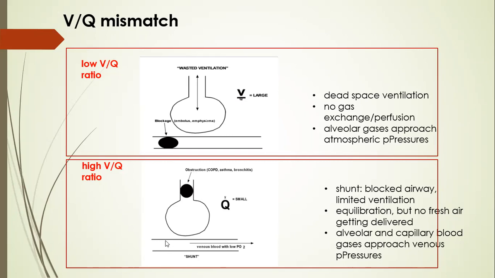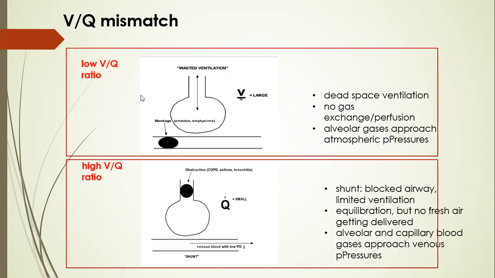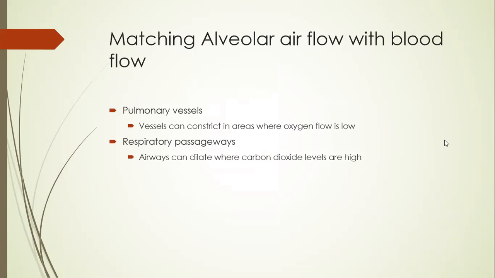So it can vasodilate where we have a blockage, or it can constrict where we have an obstruction. So this is what we are calling trying to match, trying to correct. And I think that is the last thing I wanted to discuss before I go to gas transport. I will capture it more in class as we meet.